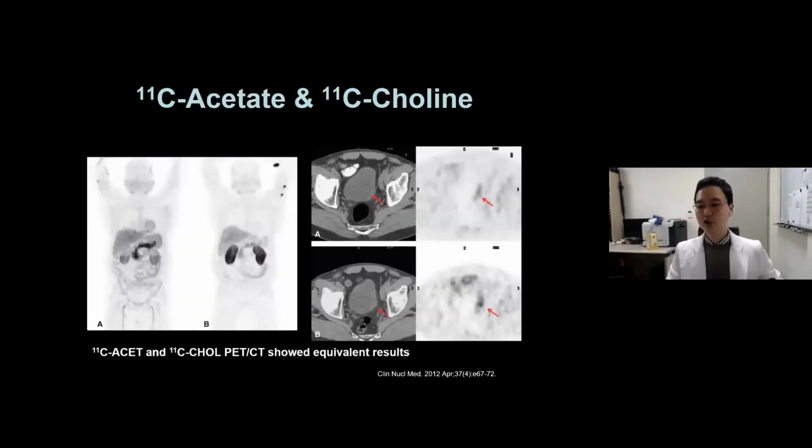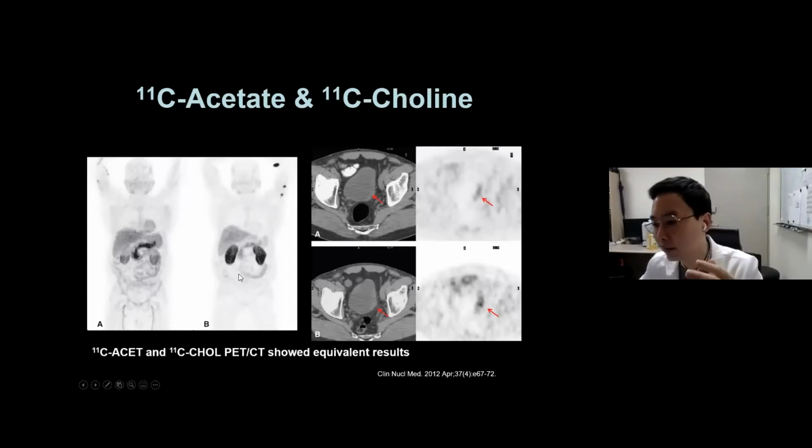And in renal tumor, there is an attempt at using alternative tracers rather than FDG PET. When you see the normal biodistribution of C11 acetate and C11 choline, you can first see a high uptake in the pancreas for acetate and relatively higher uptake in the kidney for choline PET. However, the important point is that there is actually no uptake in the bladder.